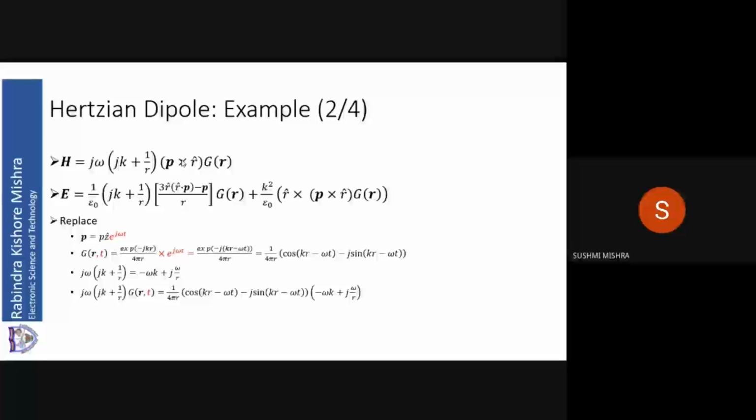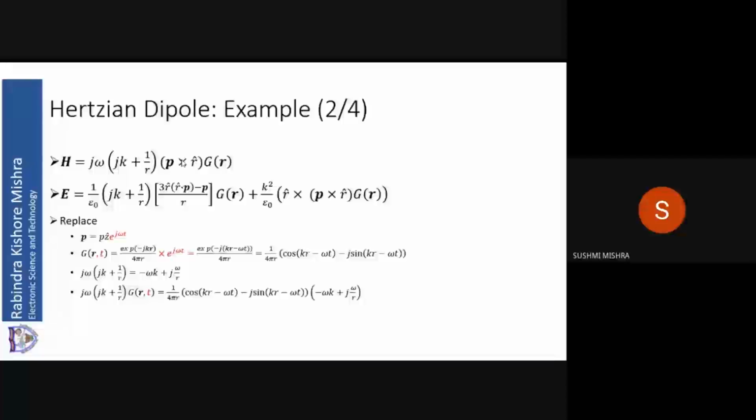So that is one thing. Now multiply that with gr. So j omega into jk plus 1 by r into gr, because that is what is occurring in H and E. In both the cases, we have this term j omega jk plus 1 by r gr.